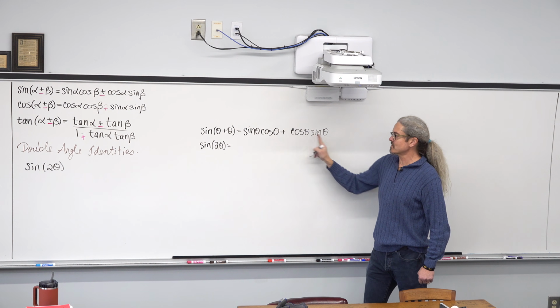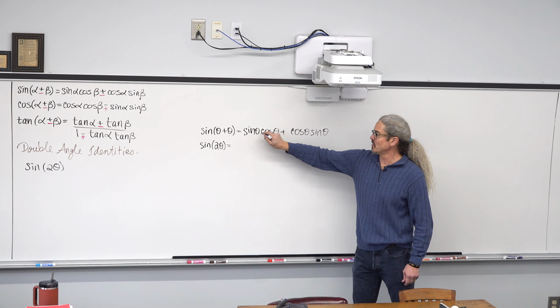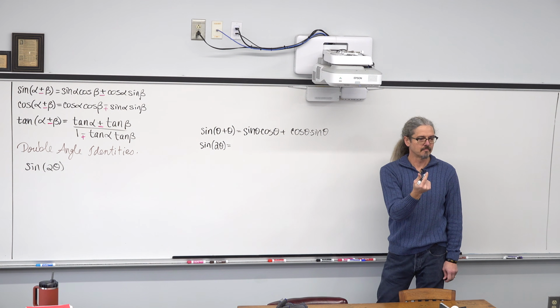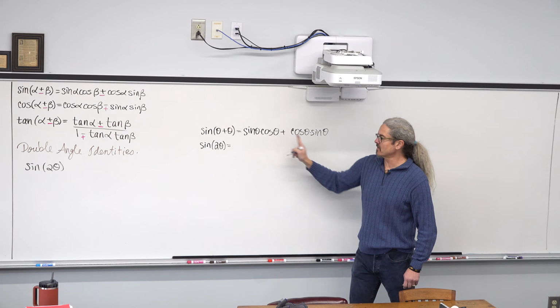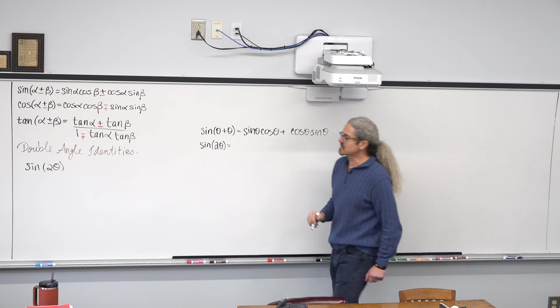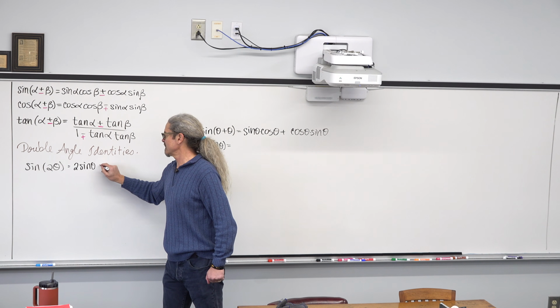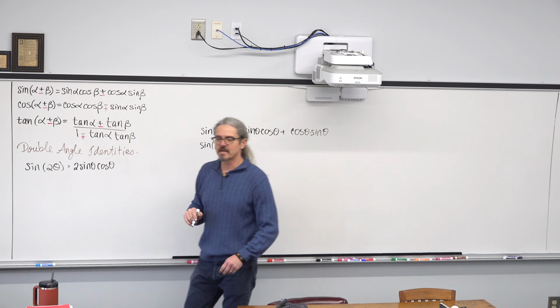The factors are not in the same order, but of course we know that multiplication is commutative. So these are like terms, and we get the sine of 2 theta is 2 sine theta cosine theta.